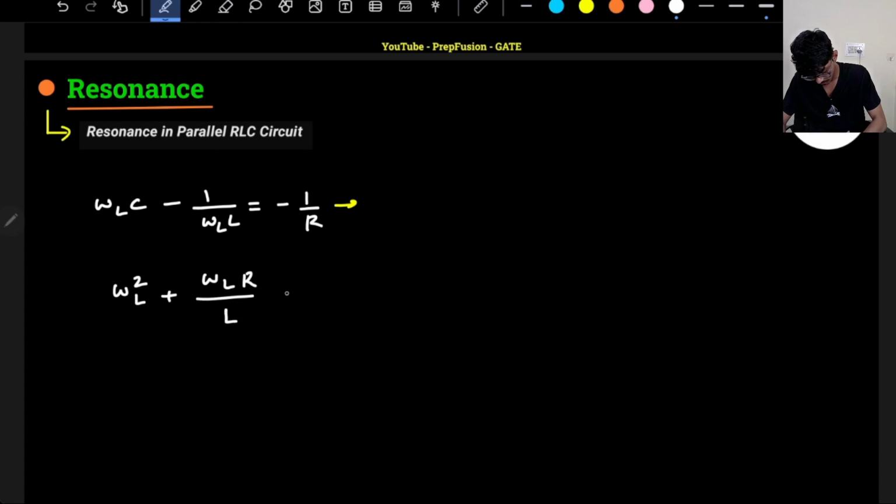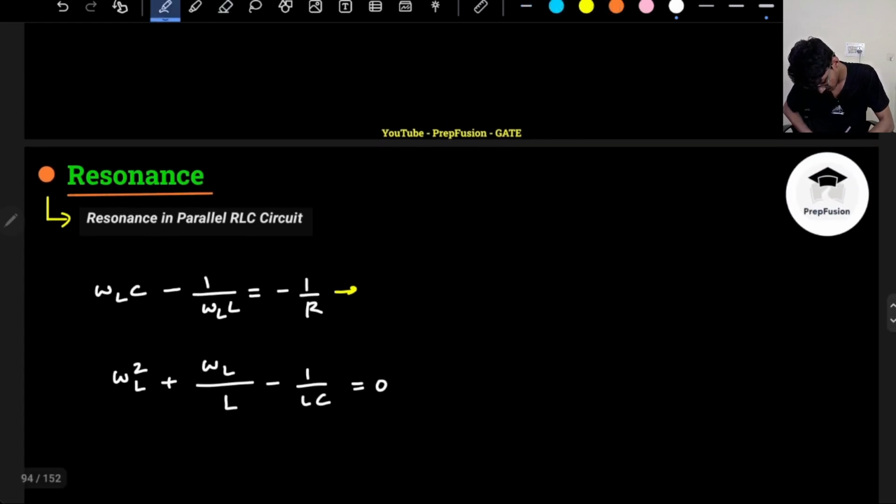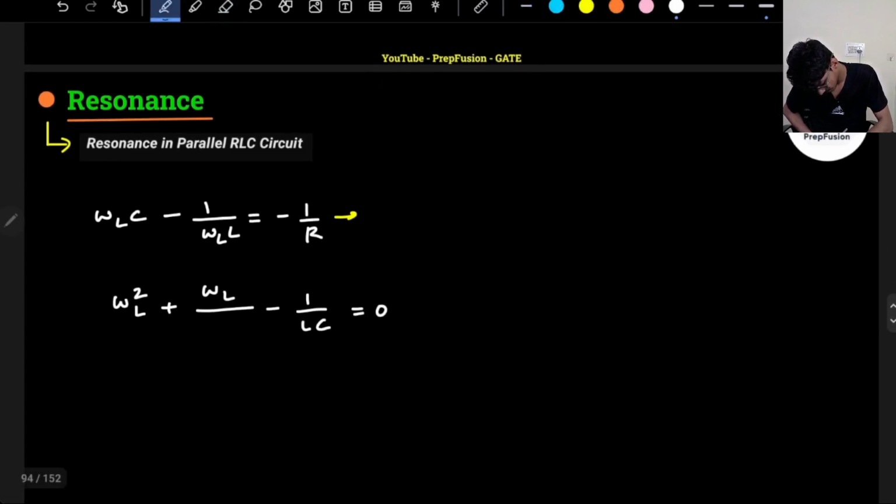And this will be minus 1 by LC equals to 0. Am I wrong? I am wrong. If I multiply by omega l, this will be omega l, RC is there, okay, I was wrong.